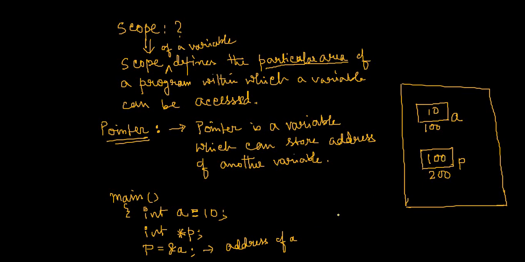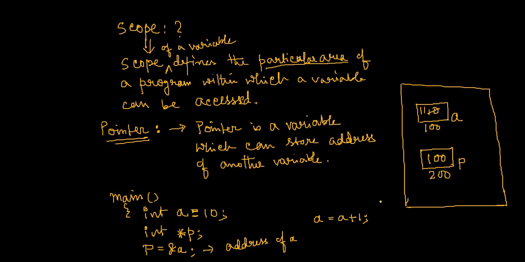Now, the beauty is that I have two ways to change the variable A. And what are the ways? Say I can write A equal to A plus 1. If you write this, then this 10 will get replaced by 11.